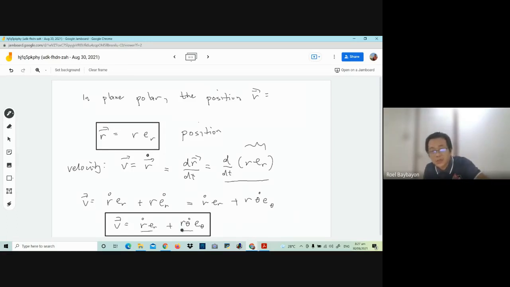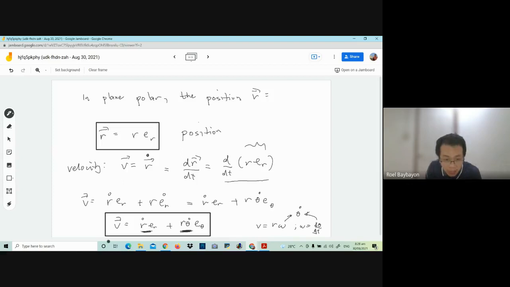You may remember that the angular velocity is equal to r omega, and this omega is just equal to theta dot, the change of theta with respect to time. So this term r theta dot is your angular velocity, and the first term is your linear velocity. It is a combination of the linear velocity and the angular velocity.